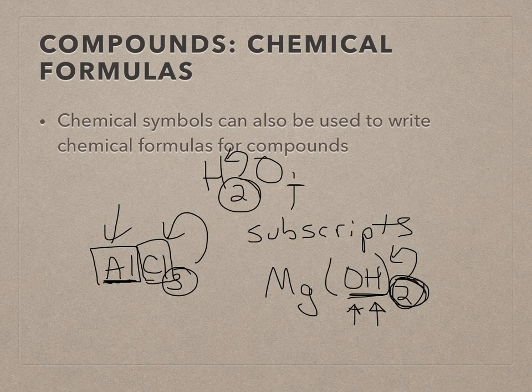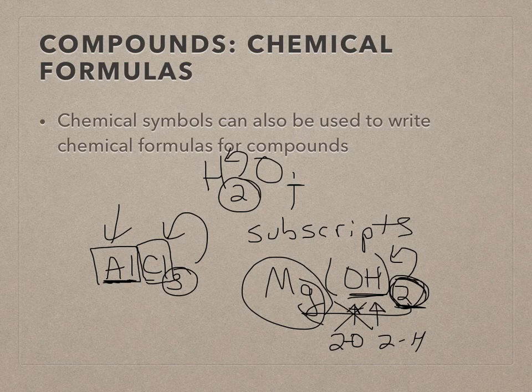It says there are 2 of them. So really we have 2 O's and 2 H's, and we have just 1 Mg. This 2 does not go here. Nope, doesn't go there, just like this 3 doesn't apply here. The subscript only applies to the letter just in front of it, none of the other ones. Okay?